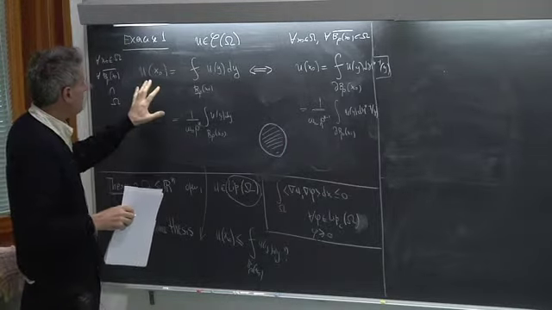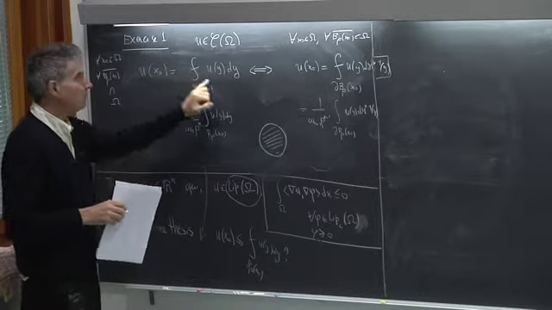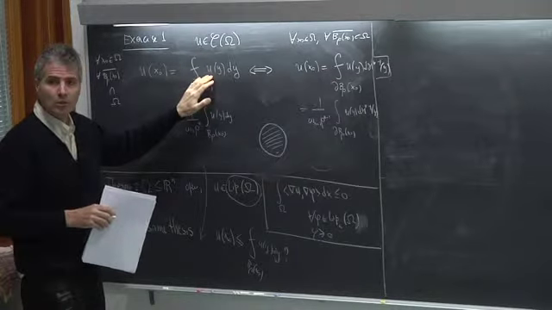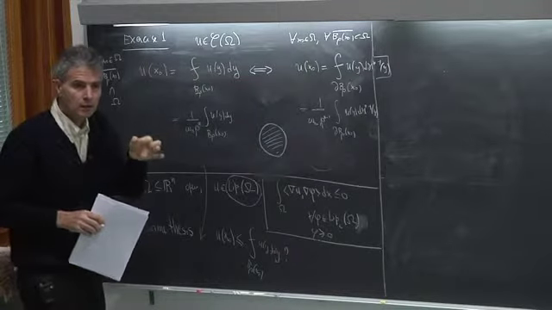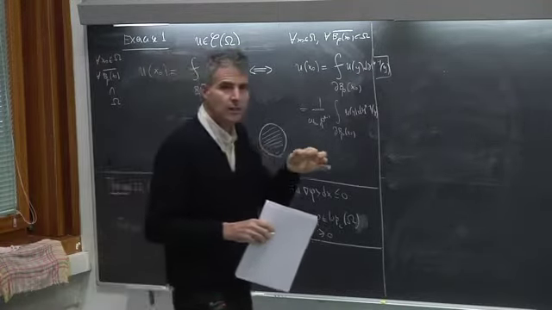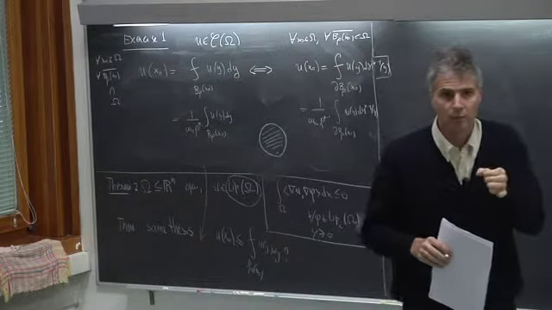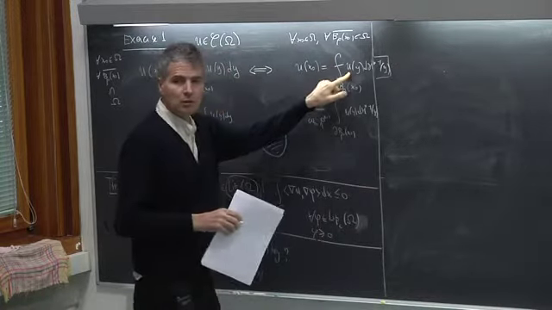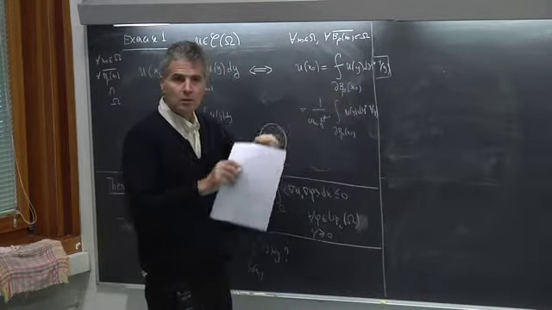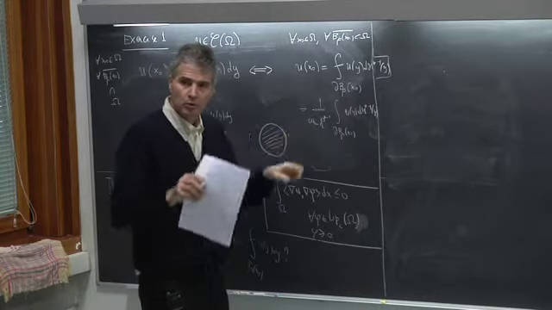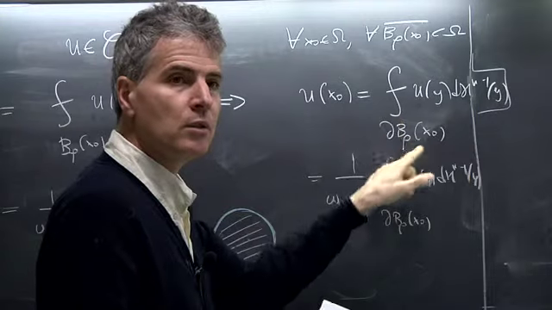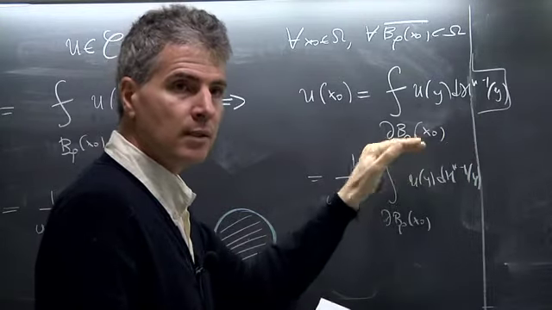For writing this kind of mean value formula, in principle, you just need that u is L1 loc. Because if your function is locally integrable, then you can integrate locally around the ball. But for the surface version, this is not defined if your function is just L1 loc. Because an L1 loc function is defined almost everywhere, and therefore there is no sense of the trace of u on a hypersurface.